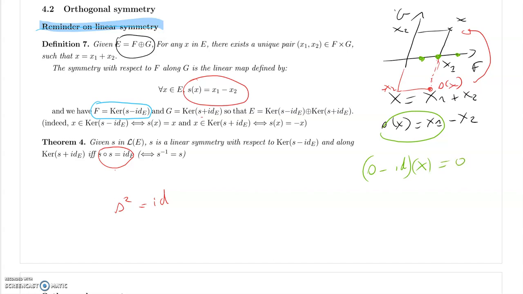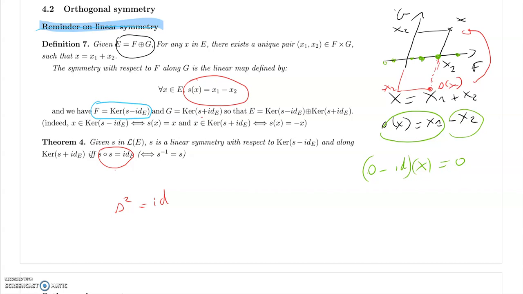If you read the description above, it means that the x2 part is equal to 0. So anything that belongs to the kernel of this map, S minus identity, is actually in F, where S is equal to the identity. That's another way to state it.